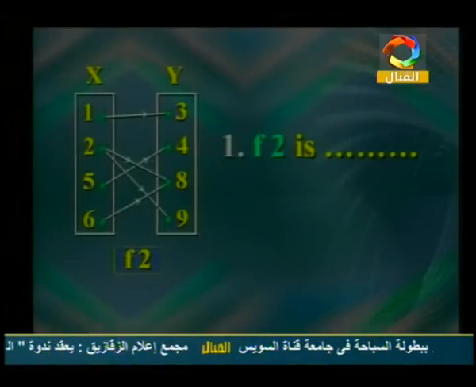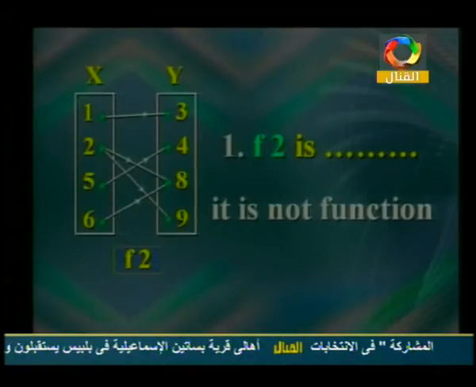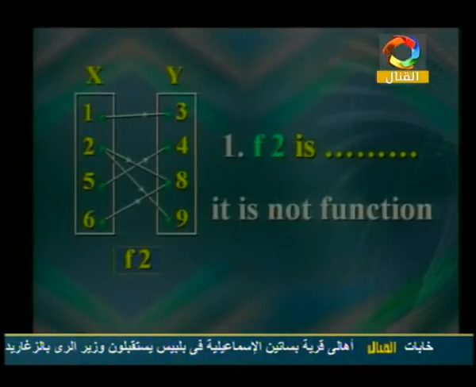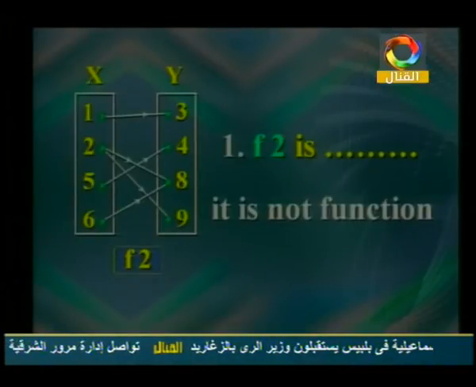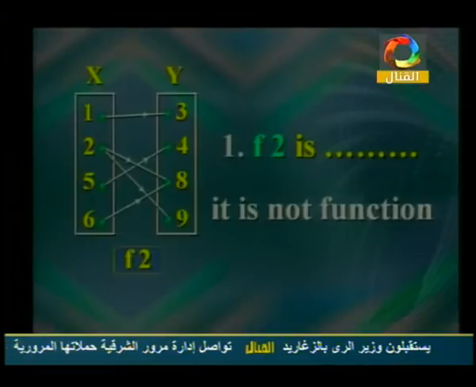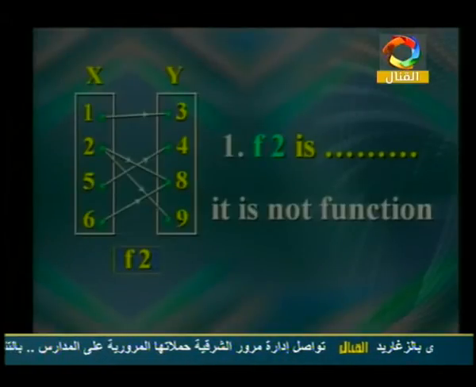Function 2 is what? Function or not function? Function 2, it is not a function. Why? Because the element 2 appears 2 times as a first projection from x to y.